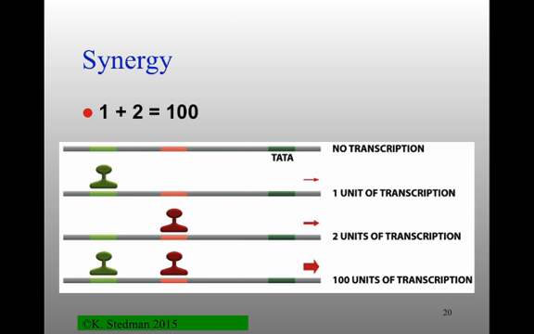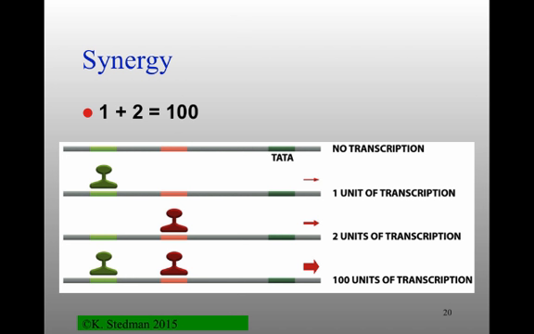So that's the case for one transcriptional activation protein. Well, one of the interesting things that was found very early when people were studying eukaryotic transcriptional regulation is what I've rather tongue-in-cheek cartooned here, that 1 + 2 = 100.